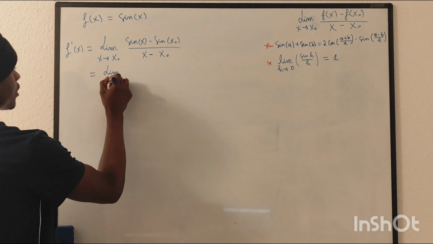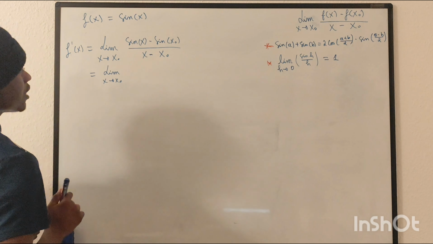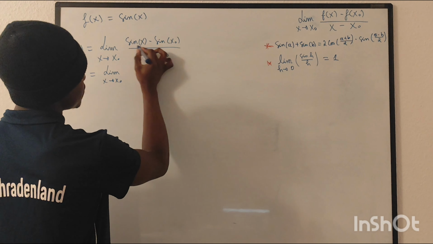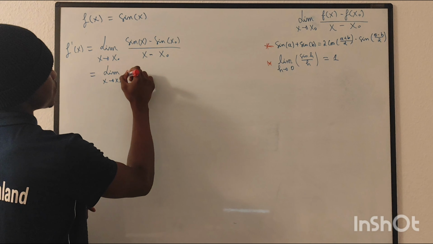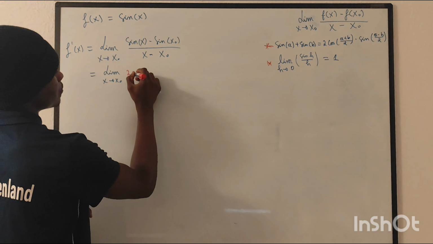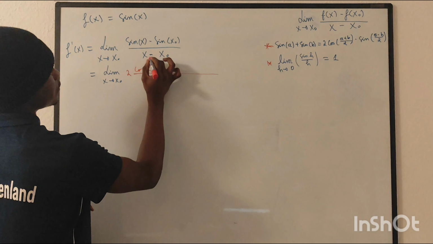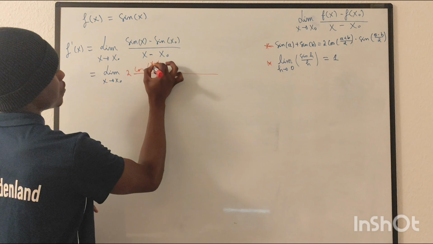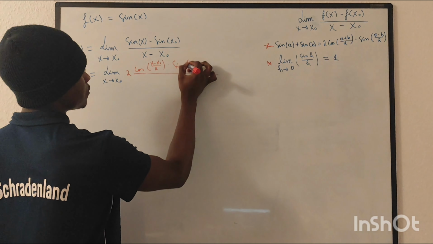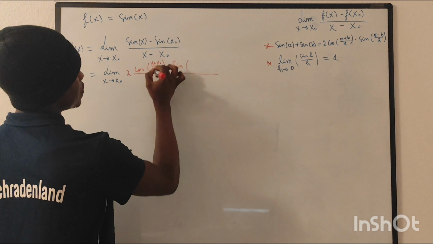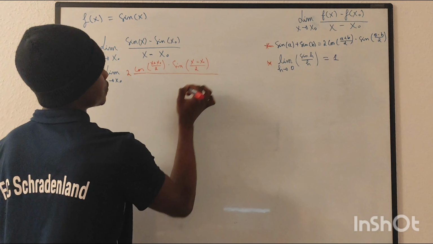the limit when x comes to x0 of, I take x and x0 as a and b. Then for this expression, I write the factorization form: 2 times the cosine of (x plus x0) over 2 times the sine of (x minus x0) over 2.